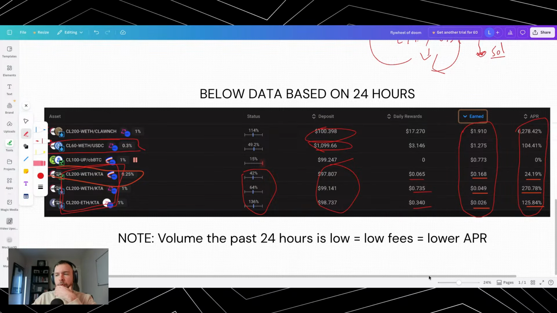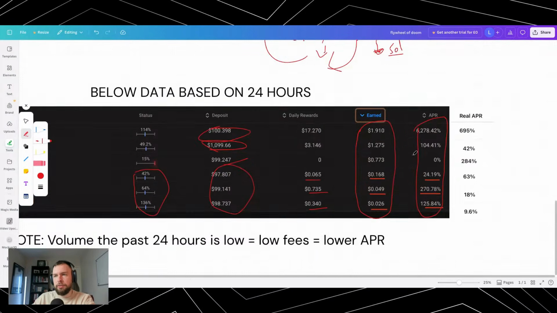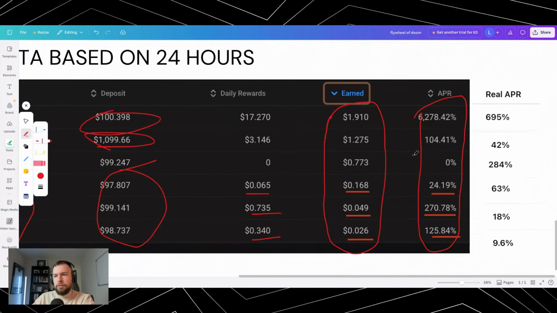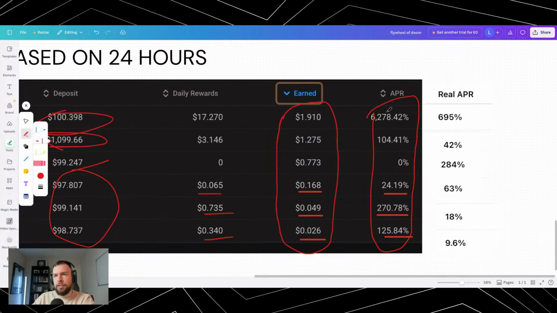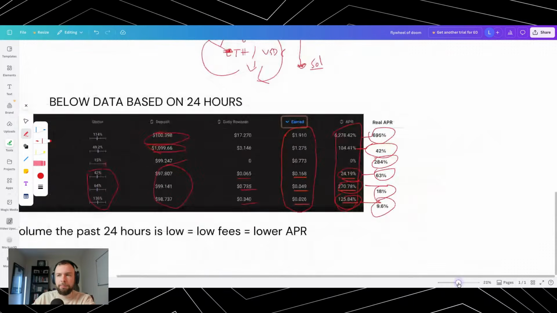And then I've worked out the actual APR based off this. So the 6,000, 2,000% one was 695, 104% was 42. This was 284, even though it went out of range. 24% was actually above that, 63. 270 was actually 18, and 125 was actually 9.8.